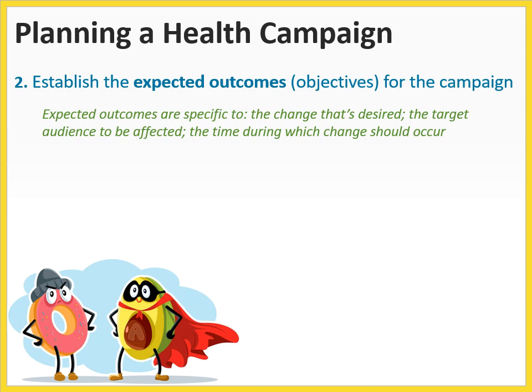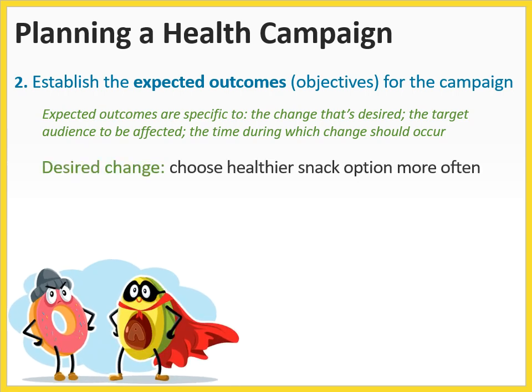When we say expected outcomes are specific to the change that's desired, the target audience, and the time period for change, here's an example of what we mean. An objective for a communication campaign might be that people will choose healthier snack options more often. The desired behavior is choosing a healthier snack more often. Our specific target audience might be students in the cafeteria.